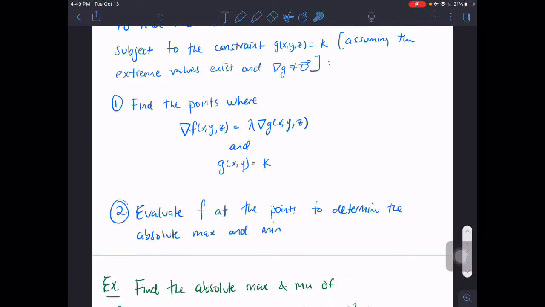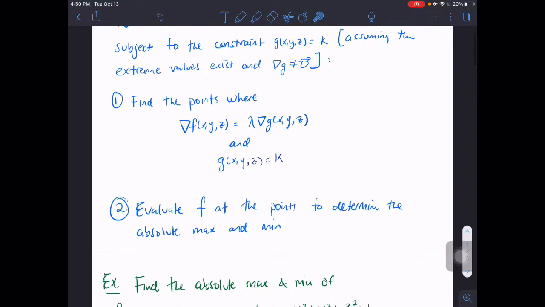If these conditions apply, we can find the points where you're going to have an absolute max and min by seeing where the gradients are scalar multiples of one another and satisfying the constraint equation.